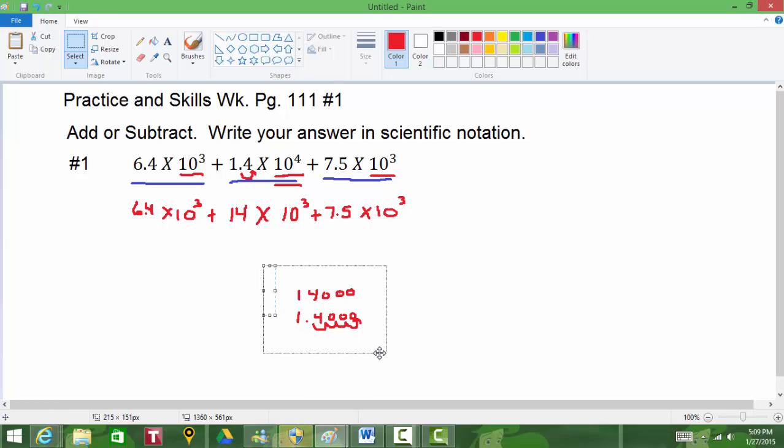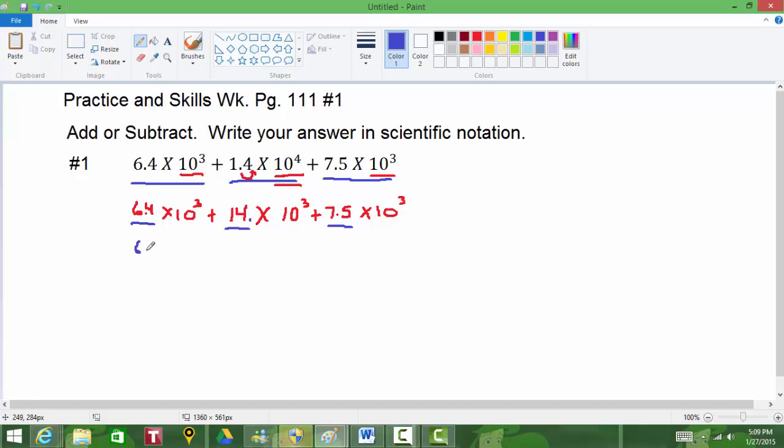Let me get rid of what I have right there. Let's go back to a pencil, and I'm going to use blue. Let's start with 6.4, 14, and 7.5. Remember that the 14 has no decimals right here, so I'm going to line those up. So it's going to be 6.4, 14, and 7.5.